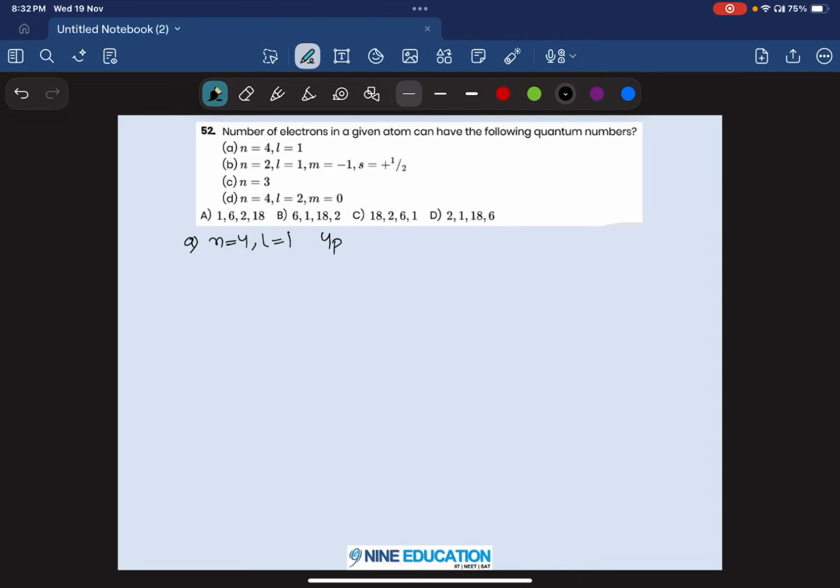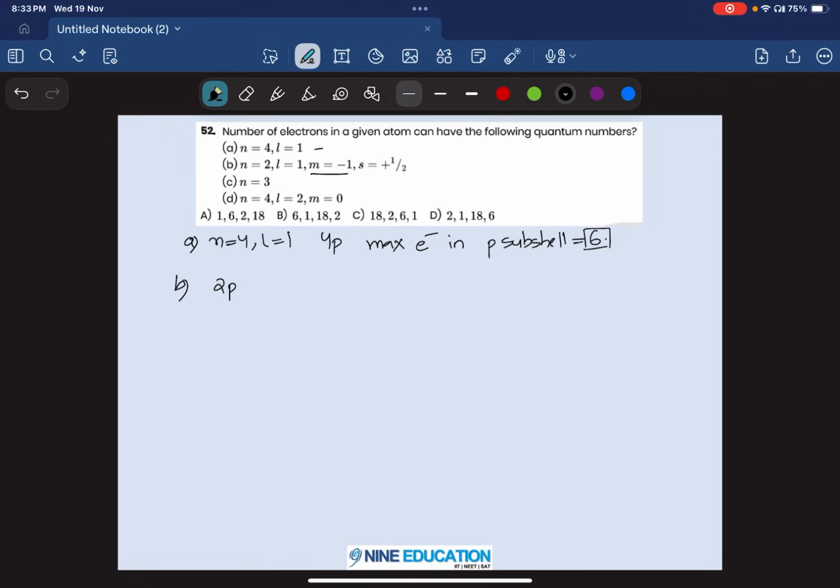You know that the maximum number of electrons in a p subshell is 6. So the answer for this is 6 electrons in A. In the same manner in B, n is equal to 2, l is equal to 1. That means 2p.